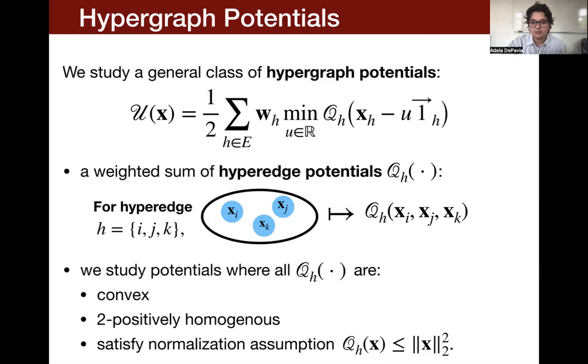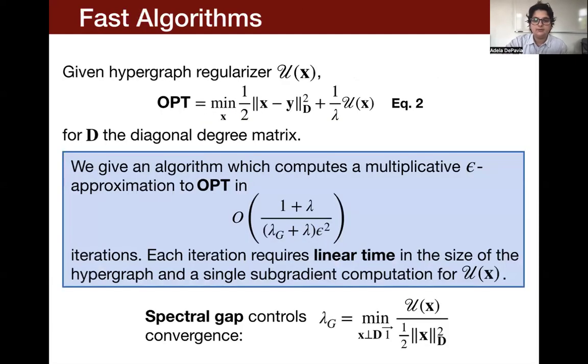So one key example to keep in mind is a setting where each hyperedge potential is some scaled squared norm. So given these hypergraph regularizers, we can form an optimization problem as shown in equation 2. And then we develop fast algorithms for solving this optimization problem.